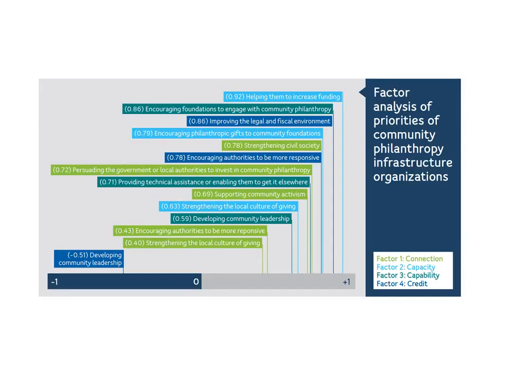So if you look at the diagram that should be on your screen now, just look at the blue lines. At the top, you've got 0.92, helping them to increase funding. The next blue line down is 0.79, encouraging philanthropic gifts to community foundations. The next blue one is strengthening the local culture of giving.